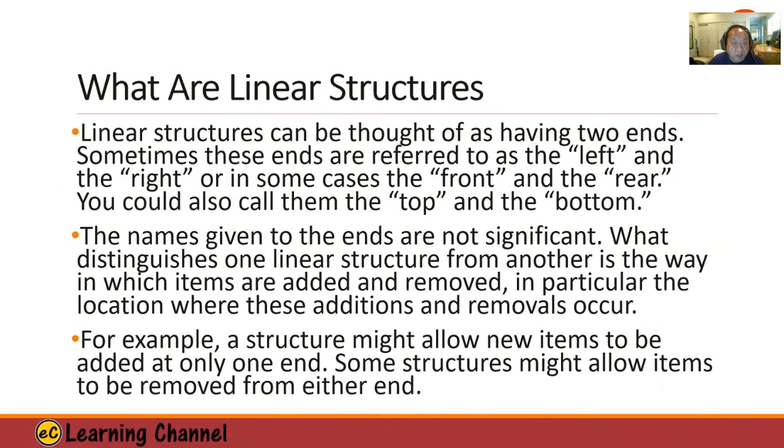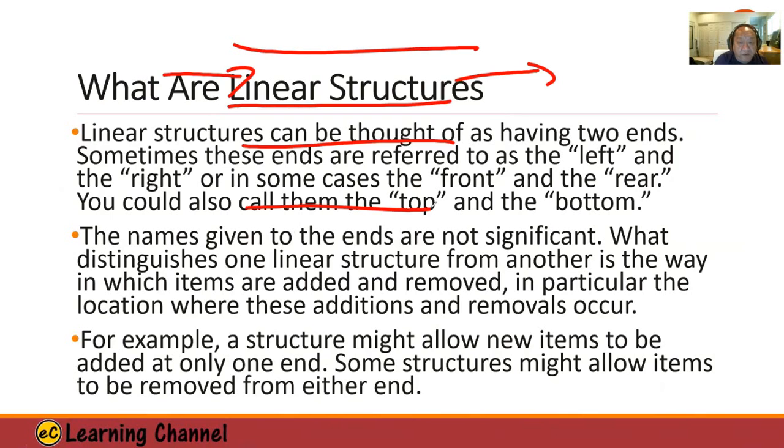It's associated type data. So what are linear data structures? A linear structure can be thought of as having two ends. One is called left and one is called right, and sometimes called front and rear. You can also call them top or bottom. It depends on which data structure you talk about. Sometimes you have right and left, front and rear, or top and bottom.